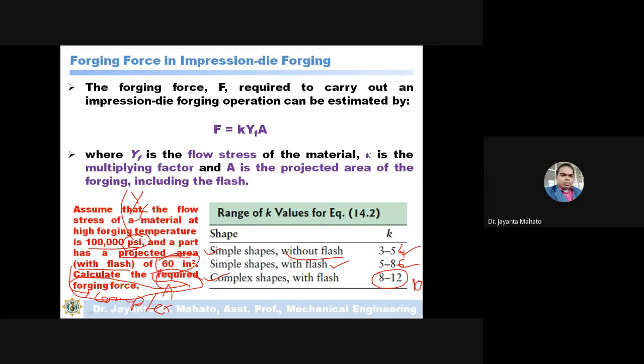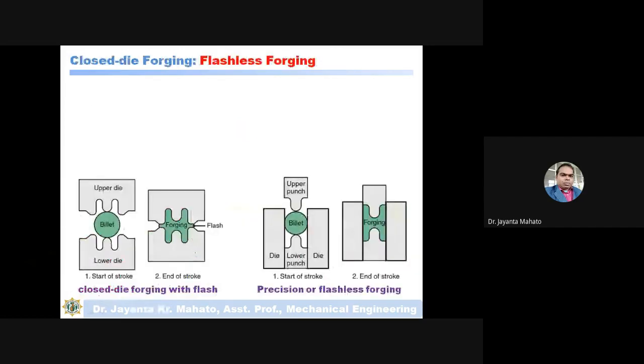Now the closed die forging process. In this case, to reduce the flash, the upper and lower dies are made in such a way that the flash is minimized.